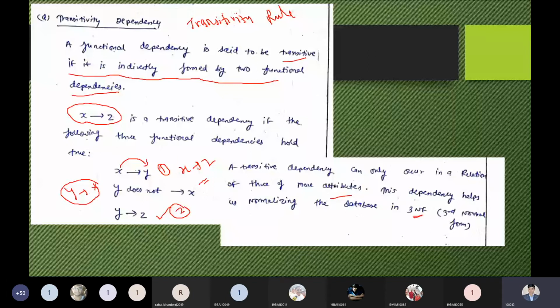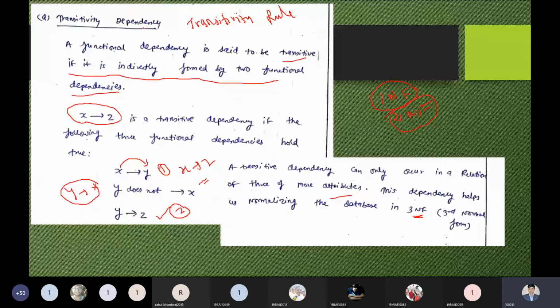Before understanding the third normal form, first we need to understand the first normal form and then the second normal form, and one by one we will see with the help of examples what is meant by 1NF and 2NF. Now, as you know, in 3NF we need to use the transitive dependency. So, my dear students, if you do not know about functional dependency and its various types and rules, then how can you understand normalization?